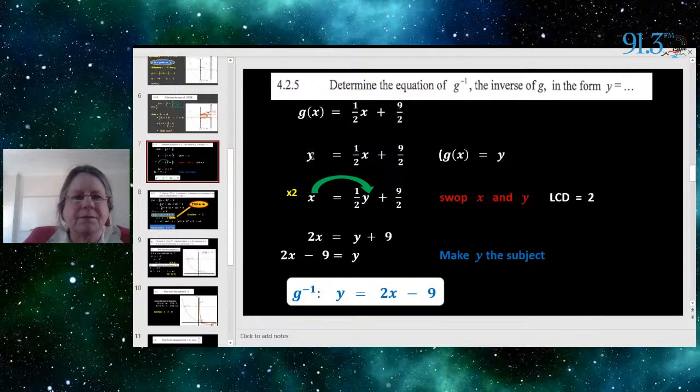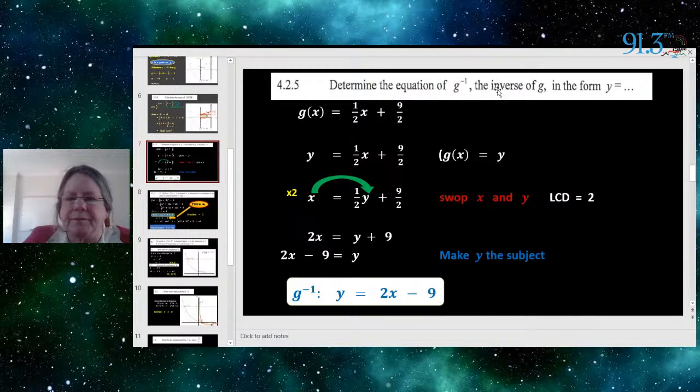Now, g(x) means y. So whenever we start working with the equation of a function, we would work with a y and not the g(x), even though they mean exactly the same thing. So y equals half x plus 9/2. Now the rules to do an inverse.